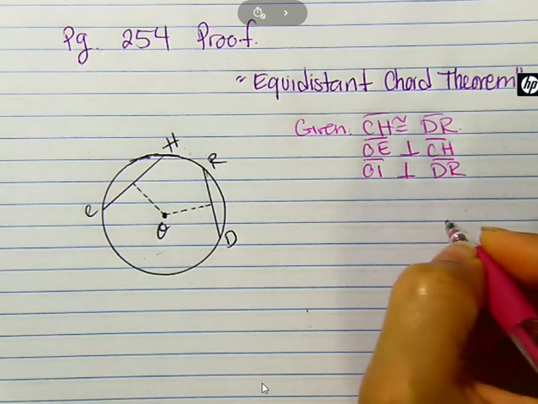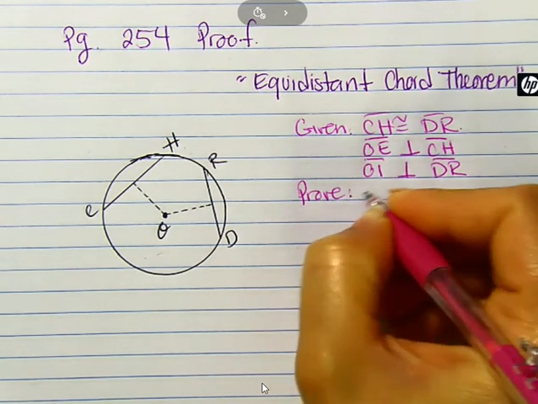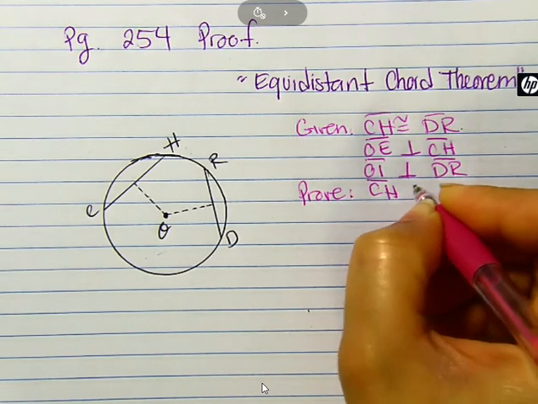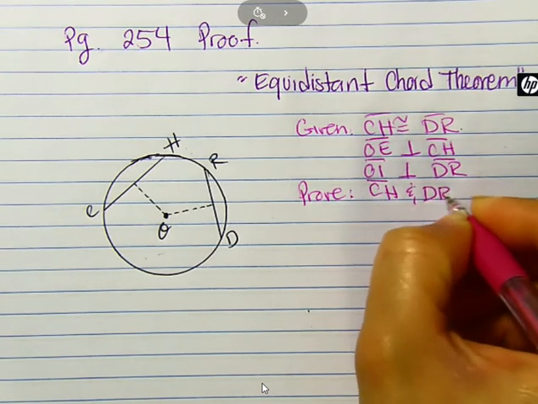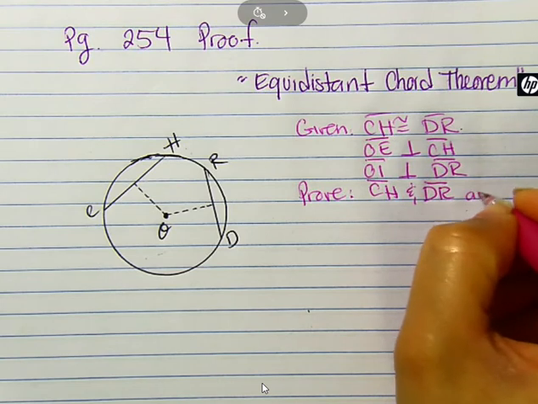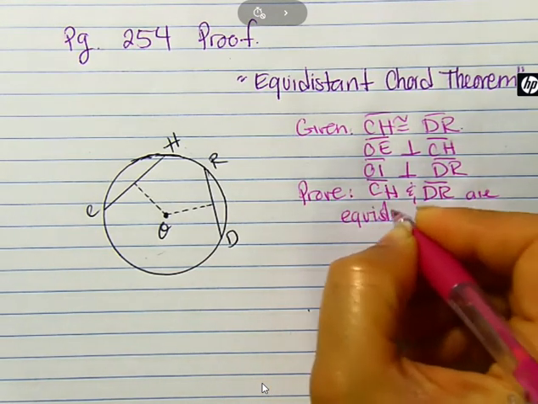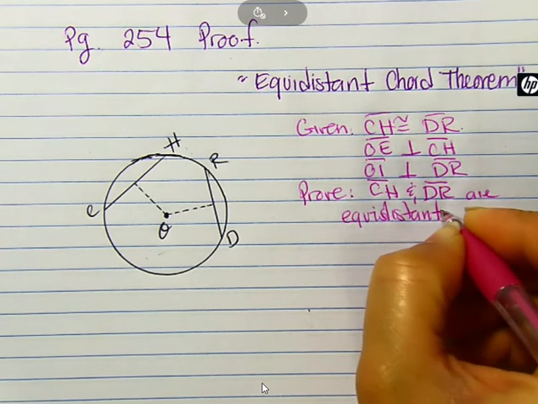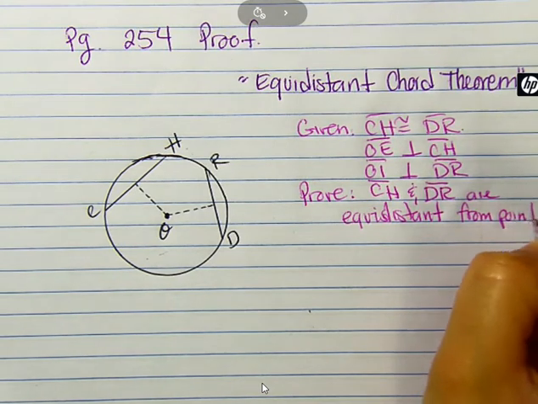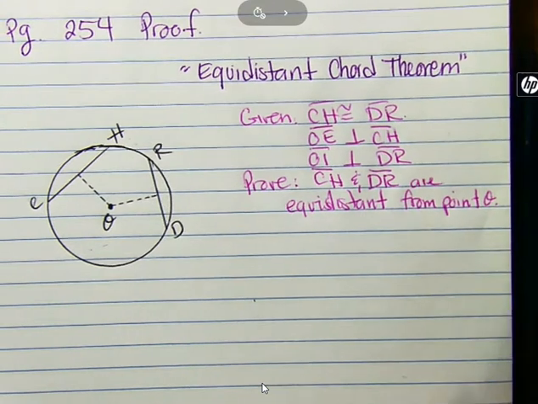And what we're trying to prove is that CH being a chord and DR being the other chord, which are congruent to one another, are equidistant from point O, which is the center of the circle.